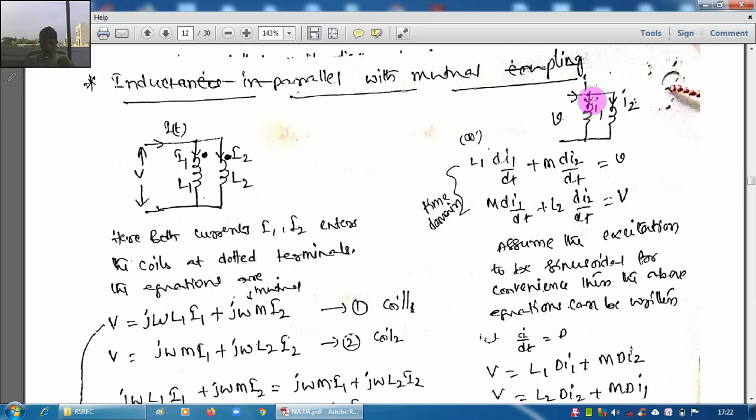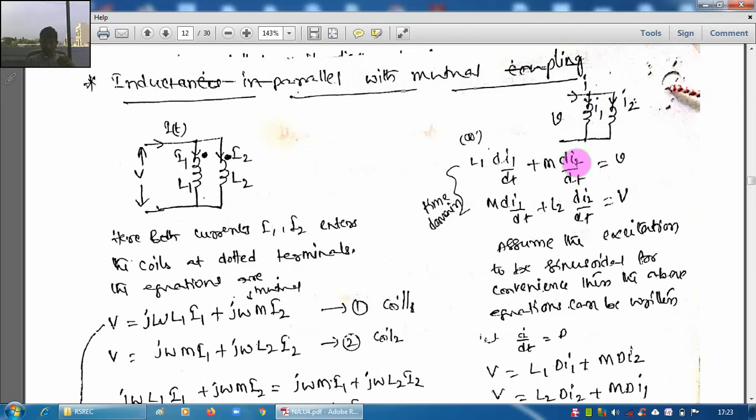So you see here, this is the voltage of the first coil, the sum of self EMF and mutual EMF, which is equal to the supply voltage. So for the first coil we have written the supply voltage V equal to the self-induced EMF L1 di1 by dt, since in this coil the current is I1, plus in this coil the mutual EMF will also be there with mutual inductance, written as M di2 by dt.